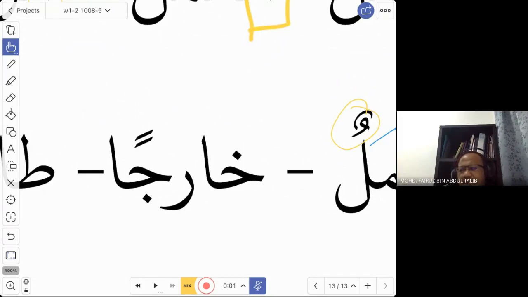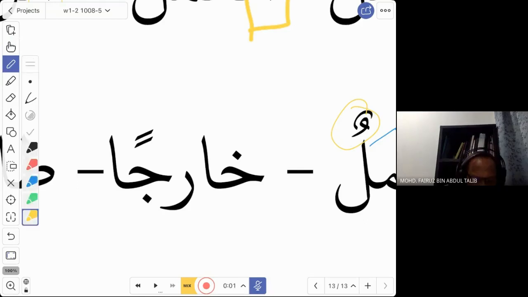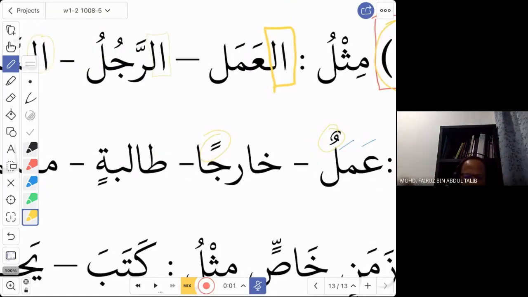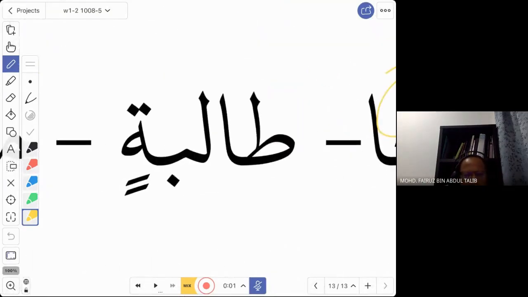That is where you have to look at the sign. So go for the sign. Here again we see this tanwin. Since you have tanwin, you know this is another noun. So kharijan is an isim. Outside, that is the meaning, like outside of the building.